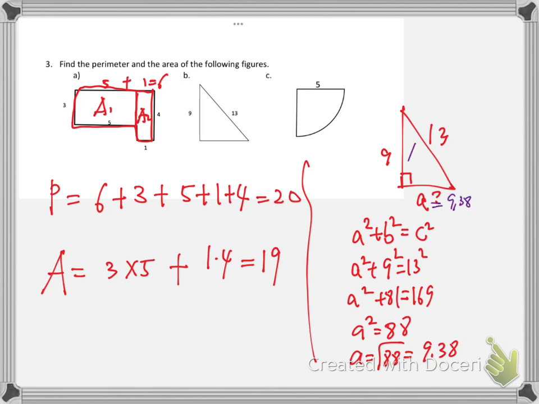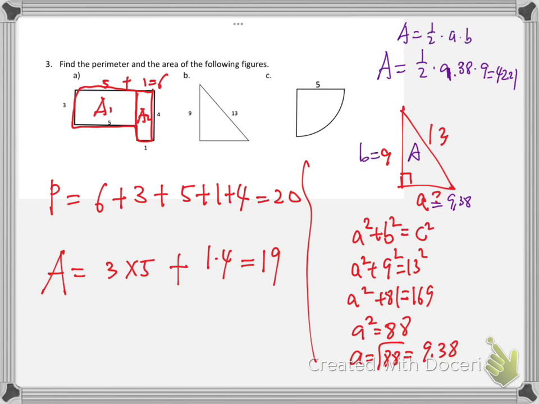Then what's the area of this? It's half times the bottom, a. So it's 9.38 times the height 9. Use a calculator, you will get 42.21. So the formula for area is 1/2 times a times b, right?